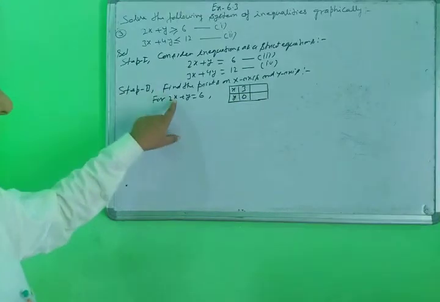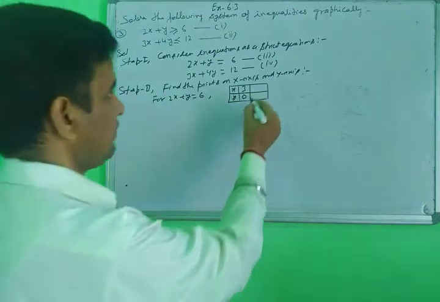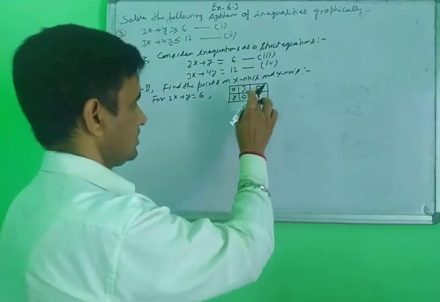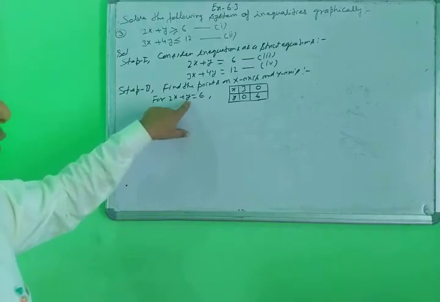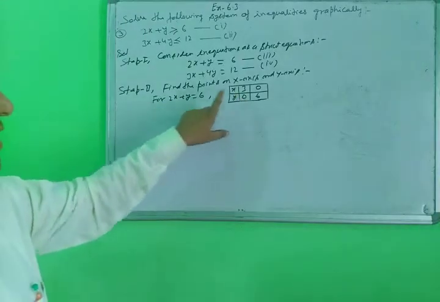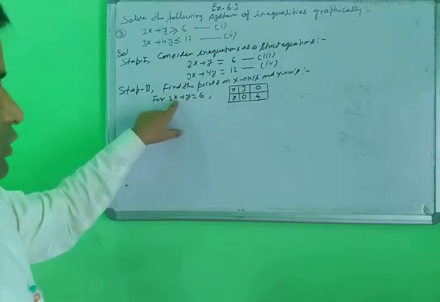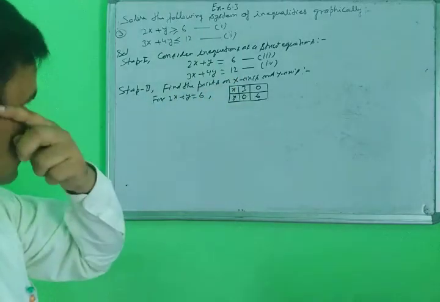Or when you put x equal to 0, directly this term will be 0, so y equal to 6. When y equal to 0, x is 3, or when x equal to 0, then y equal to 6.